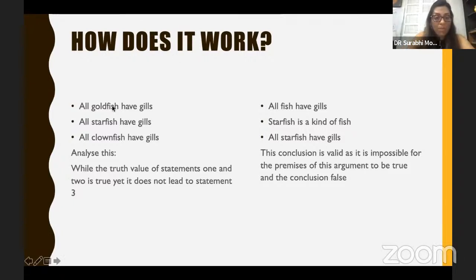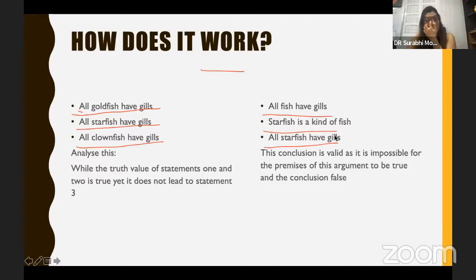For example, three statements are given over here, and three statements are given over here. So I want you all to tell me which is the valid syllogism in these two.